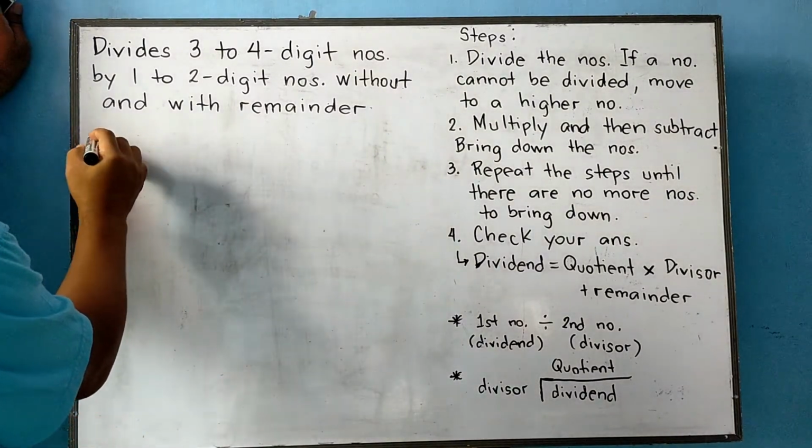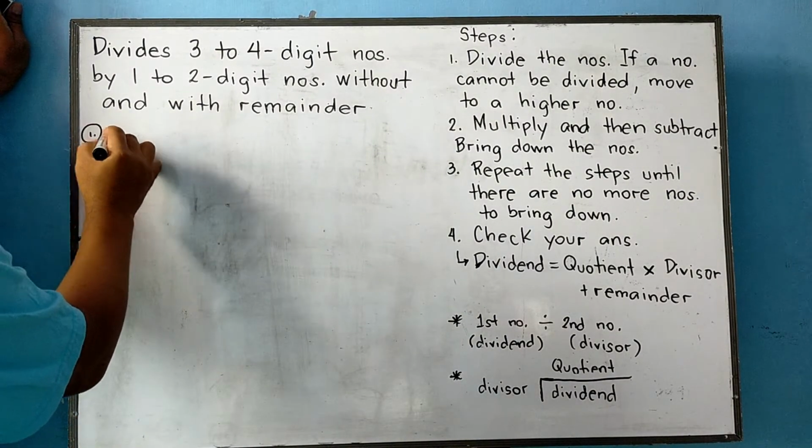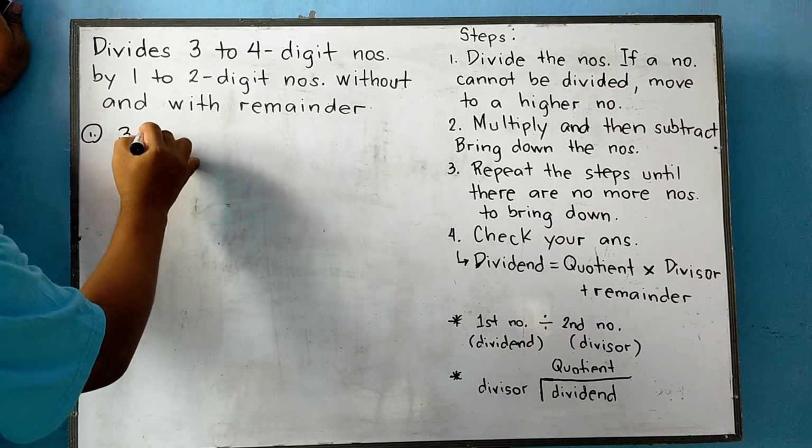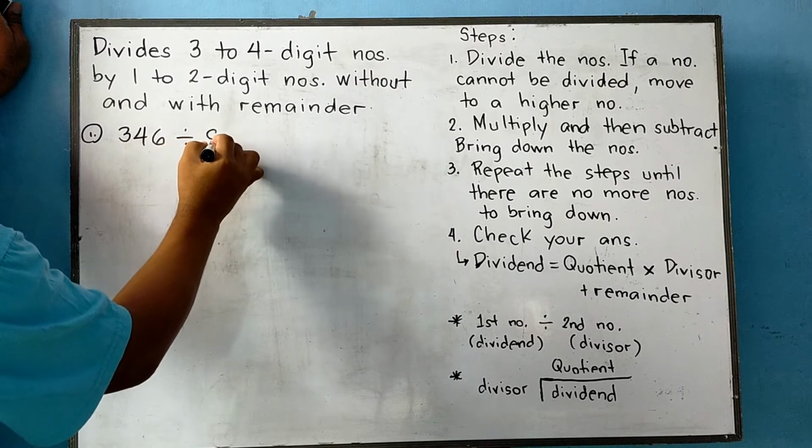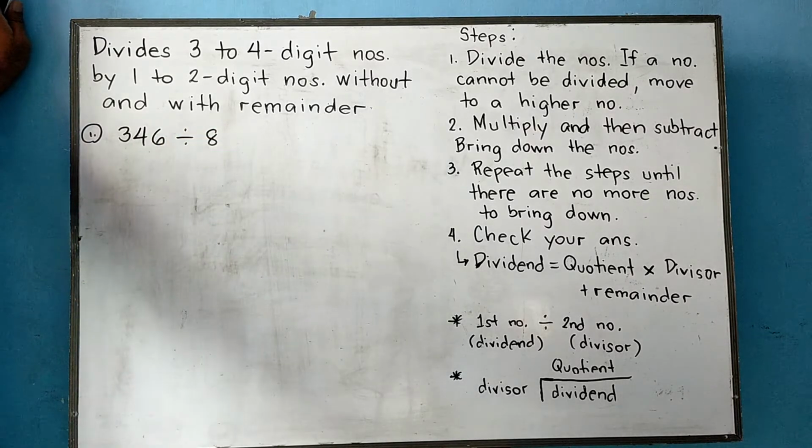Example number 1. 346 divided by 8. So this is a 3-digit number divided by a 1-digit number.